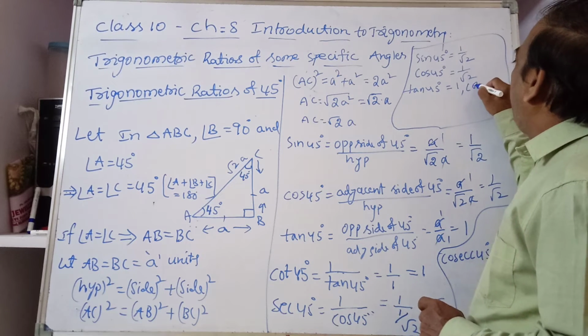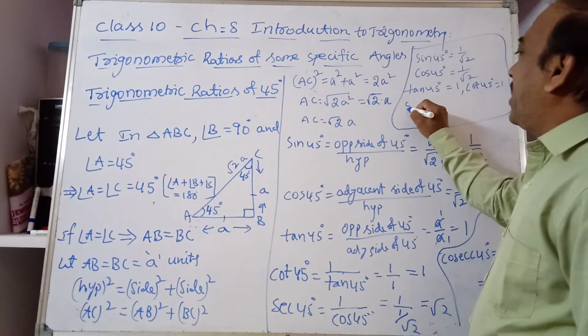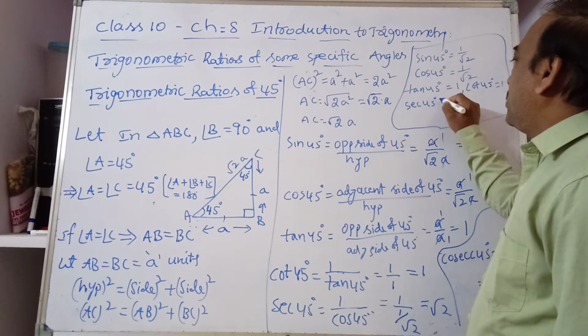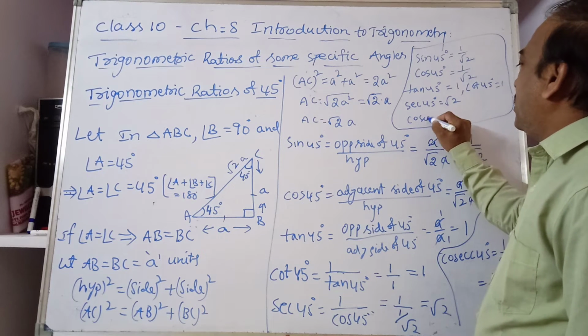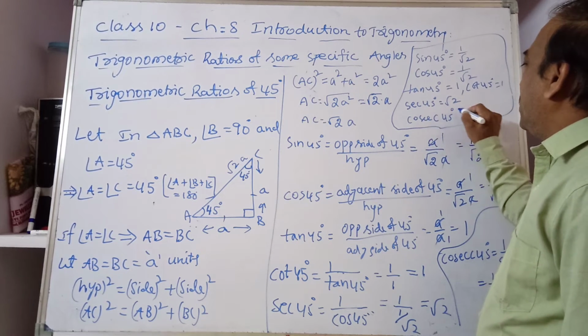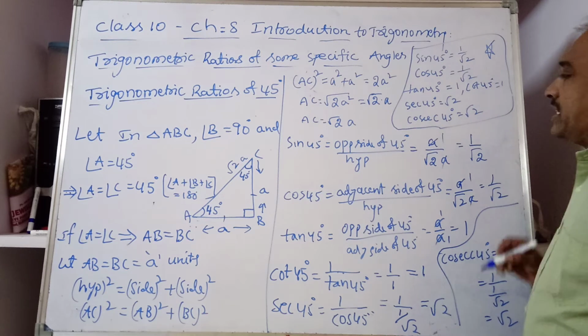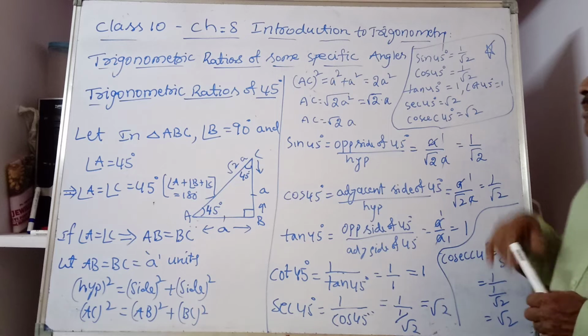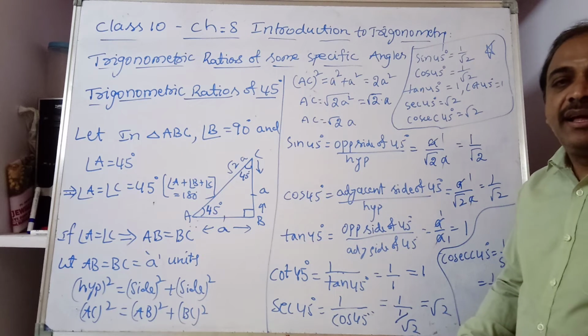Then cot 45 degrees is equals to 1. Then secant 45 degrees is equals to root 2. Then cosecant 45 degrees is equals to root 2. These are the important values which we will be further using in our calculations.